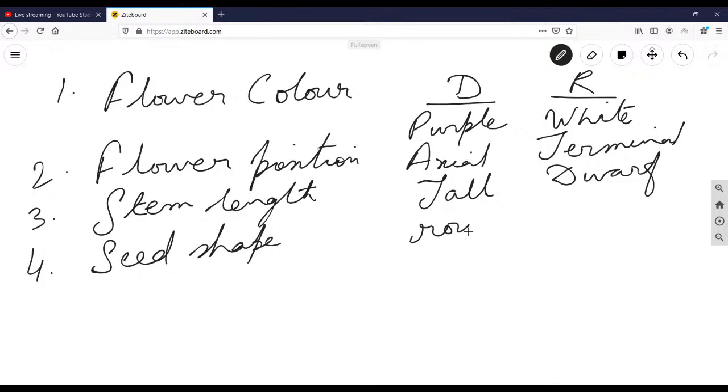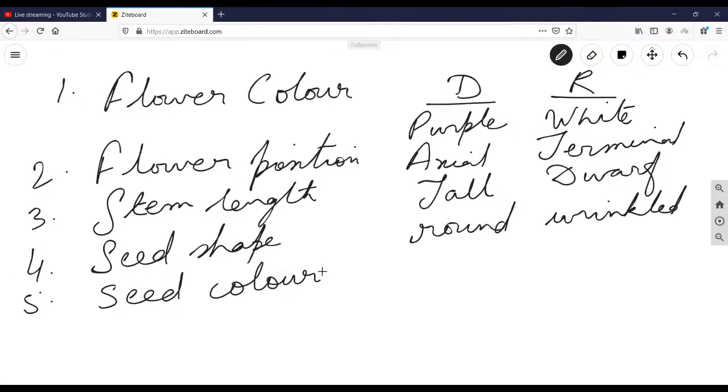Round is the dominant one, wrinkled is the recessive one. Okay. Then seed color. Yellow is the dominant one, green is the recessive one.